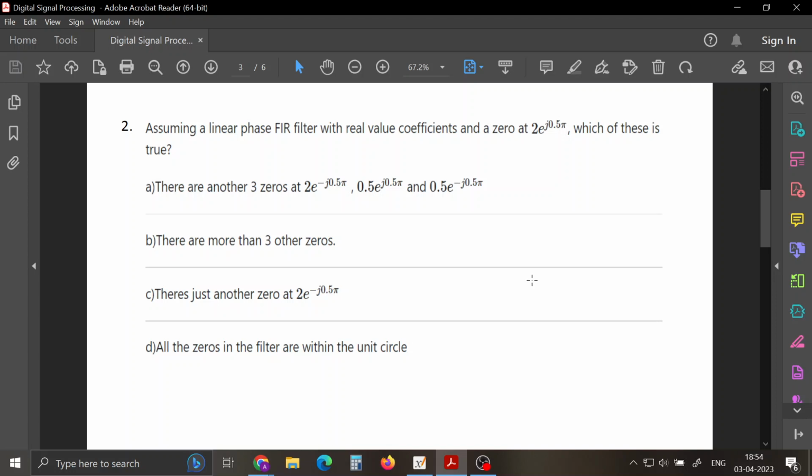So if there is a 0 at z naught, then there will be another 0 at z naught star, which is the complex conjugate of z naught, right? That's fine. So clearly we have a 0 at 2 times e power j 0.5 pi.